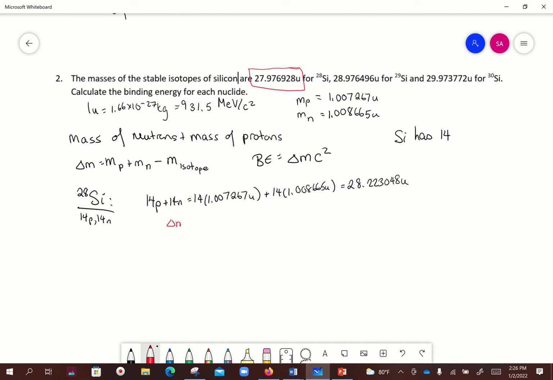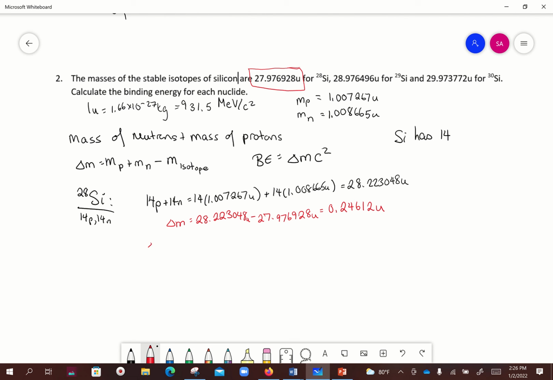So delta M is going to be the mass of the constituents minus 27.976928 U. Okay, so I get 0.24612 U. That's my delta M.